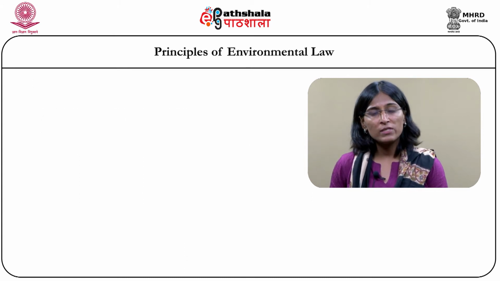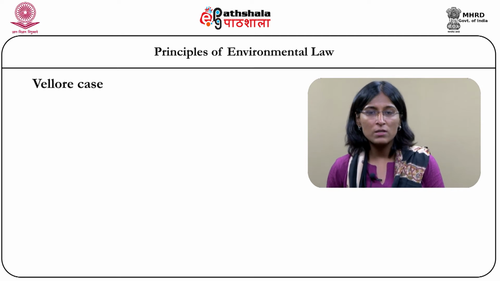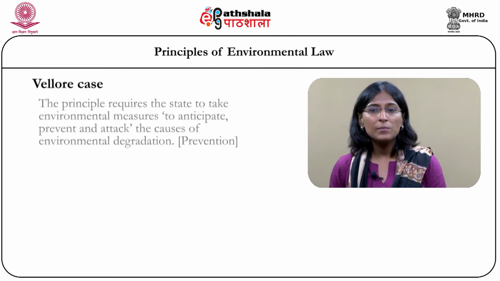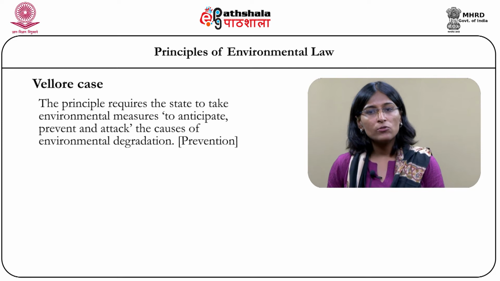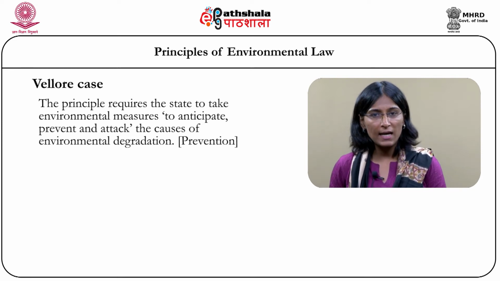As I mentioned previously, in the context of domestic environmental jurisprudence, the precautionary principle has been invoked in the Vellore case, and three fundamental elements were noted by the court. The first being that the principle requires the state to take environmental measures to anticipate, prevent and attack the causes of environmental degradation.